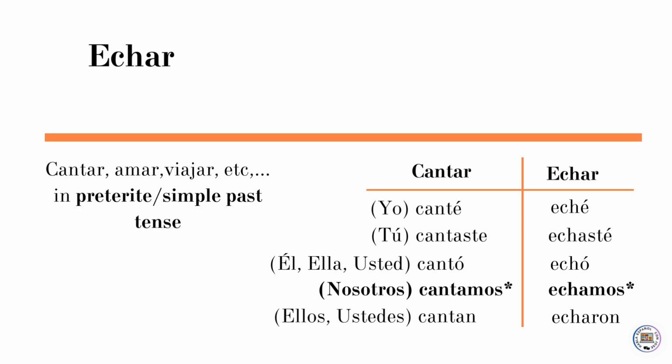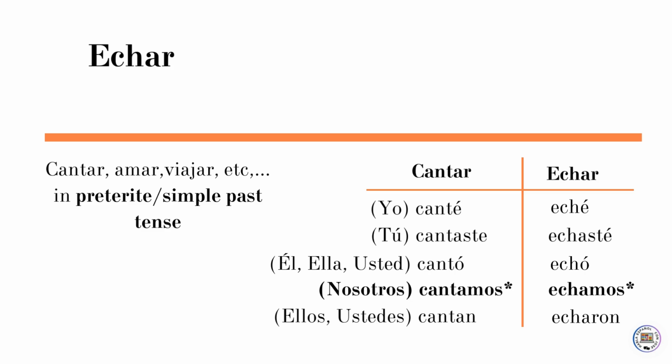Maybe you wonder why there is an asterisk over cantamos: we have the same conjugation in present and past for this one. And using echar, eché, echaste, echó, echamos, echaron. Also, I made the mistake again. It's not cantan for ellos, ustedes. Here it is cantaron, cantaron for ellos, ustedes. And the same for echar, echaron. So cantar, ustedes cantaron; ustedes echaron.